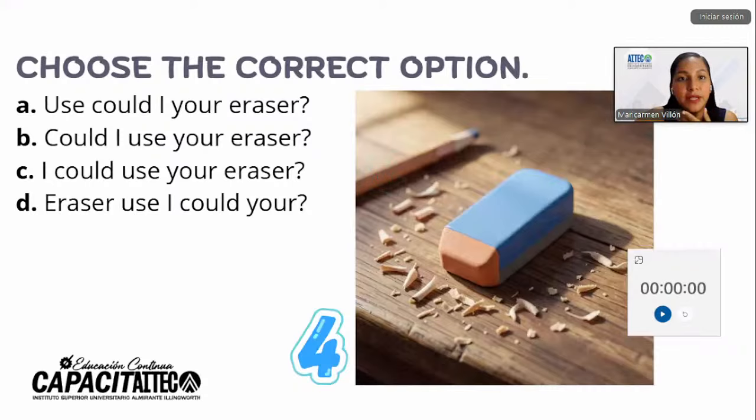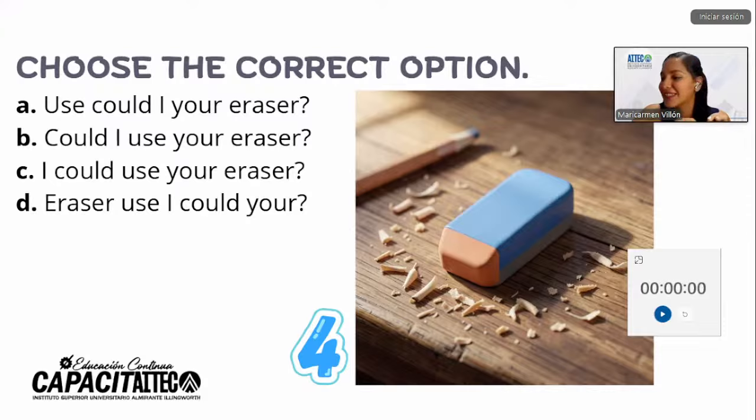Now choose the correct option now. Why this? Vuelvo y repito, porque son a veces errores muy comunes. A veces hablamos un poquito desordenado. Ya sabemos. Empiezo con modal verb. Porque estamos viendo polite request.